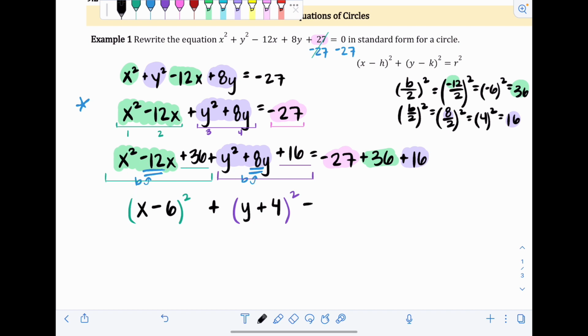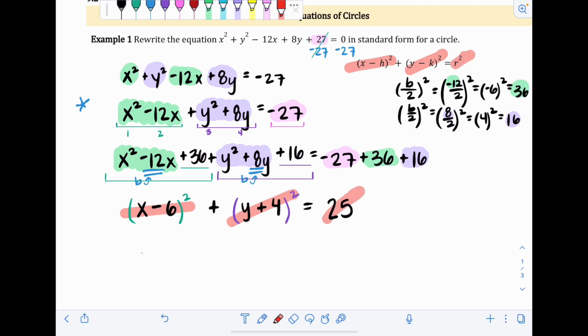And then now I just need to add these 3 numbers together, so negative 27 plus 36 is 9, and then 9 plus 16 is 25. And then now all of a sudden we have x minus a number squared, just like the x minus h squared. We have a y plus 4 squared, but that just means our k is going to be negative, so y minus k squared.